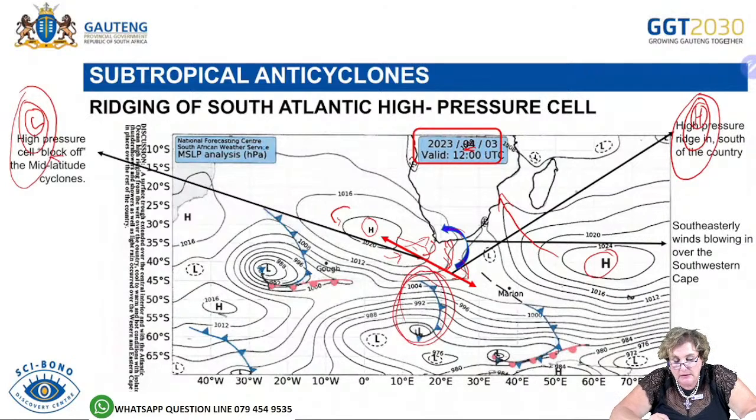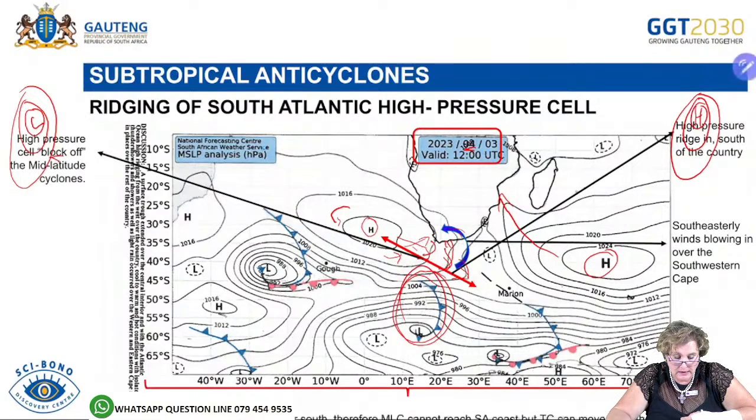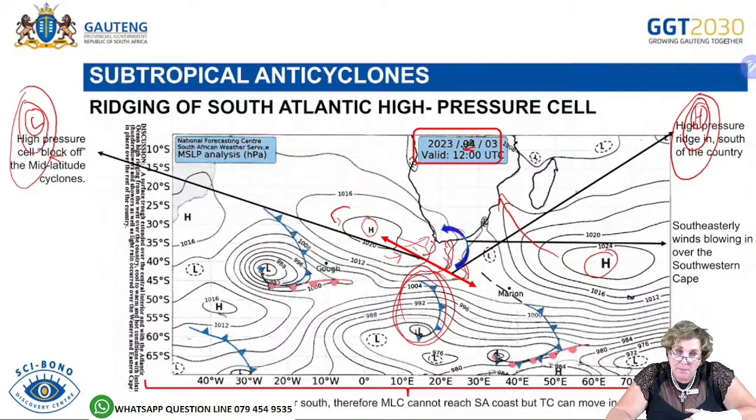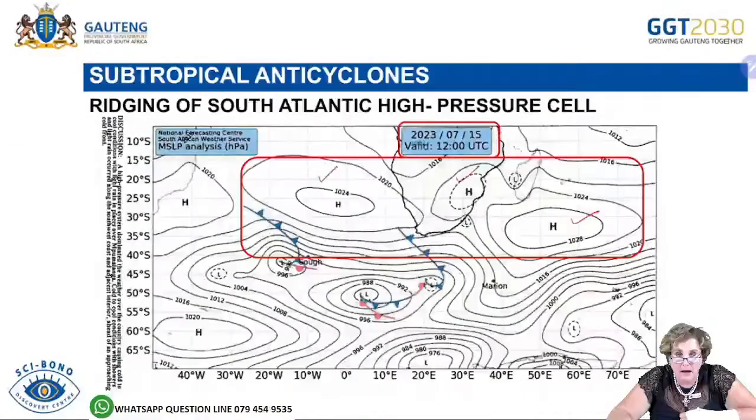So this mid-latitude cyclone will not be able to move over the country because the South Atlantic high pressure cell is reaching in south of the country. High pressure cells are located far south, therefore the mid-high pressure cell, you can see, is lying a bit north.